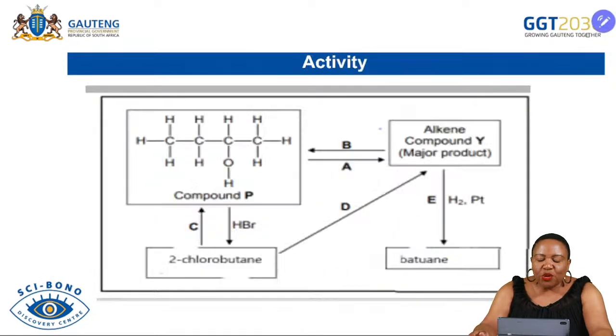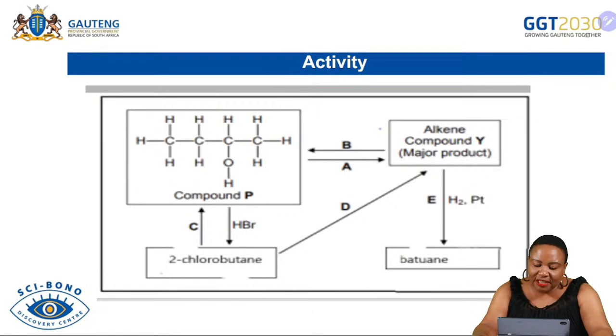Now, let's look at this activity and see whether we can use our strategy of triple S, SU, USA, in order for us to determine the type of reaction, whether the reaction is addition, elimination or substitution.